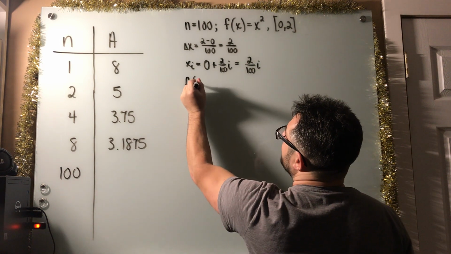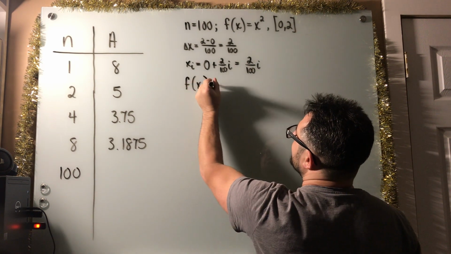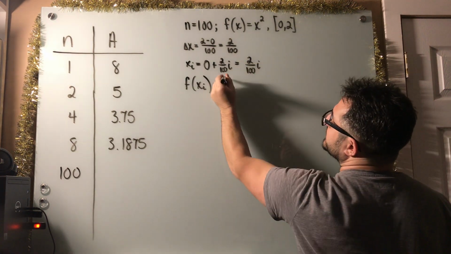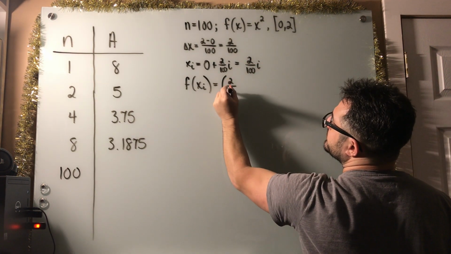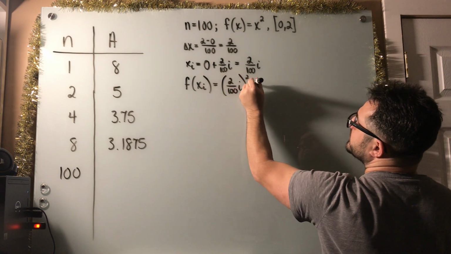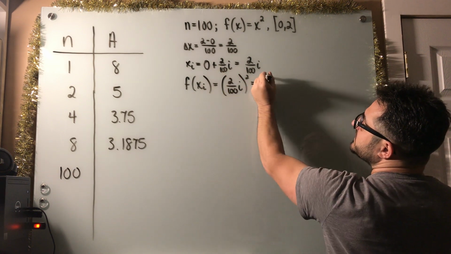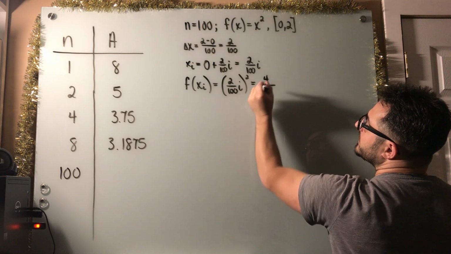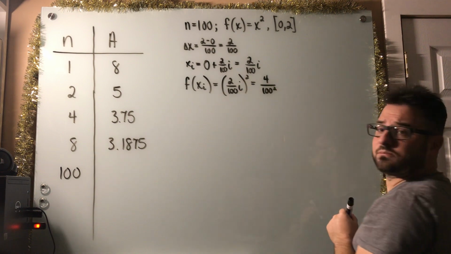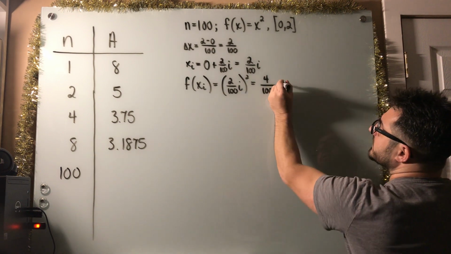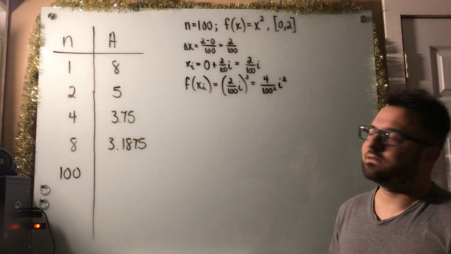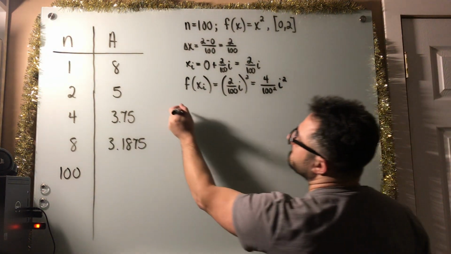One more step, f of x sub i. We need to actually take this expression and put it into the function. So we get 2 squared is 4. 100 squared is, well, just 100 squared. And i squared. And all of that goes into the Riemann sum formula.